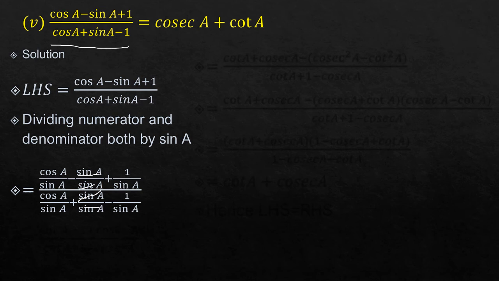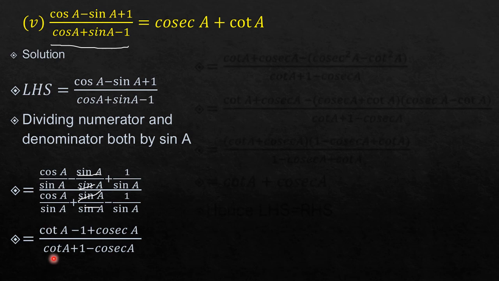So you get cos A upon sin A, which is cot A, minus 1, plus 1 upon sin A, which is cosecant A. Similarly, in denominator cos A upon sin A, again cot A, plus 1 minus 1 upon sin A, which is cosecant A.